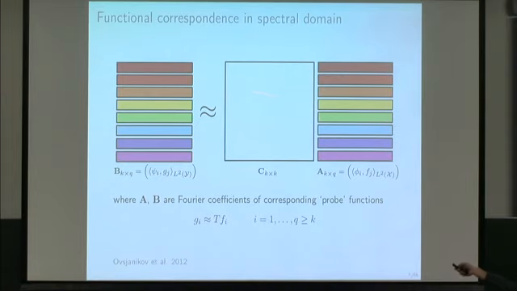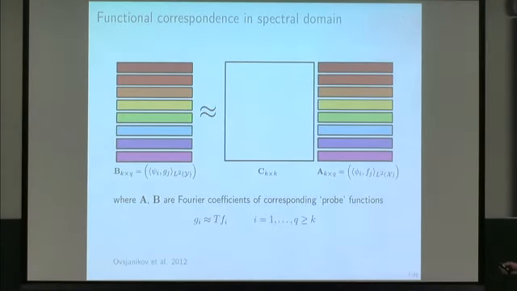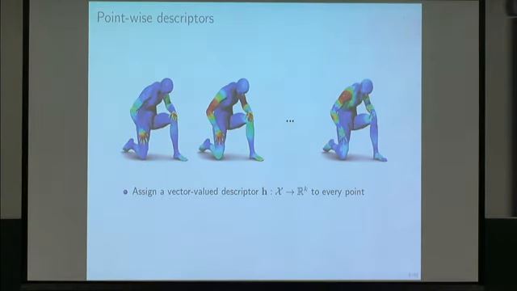If I do this least squares solution, I get the matrix C that encodes the correspondence. So this was the main idea of the original paper. The problem is where do I get these corresponding functions? And one of the standard approaches is to use descriptors.